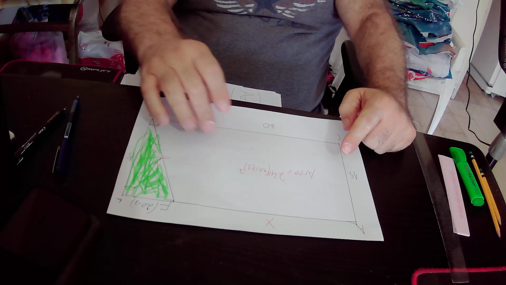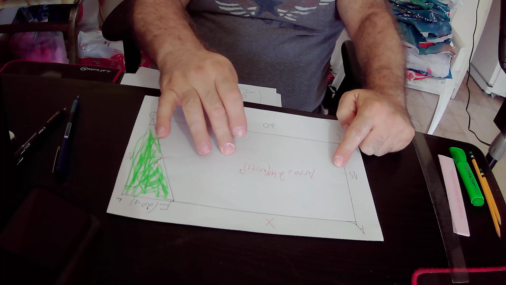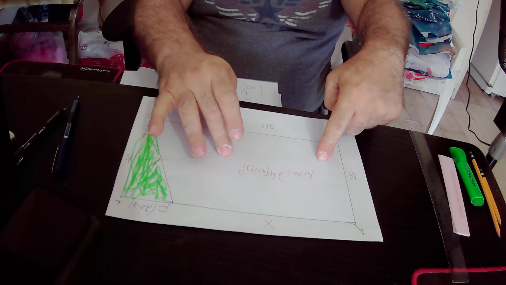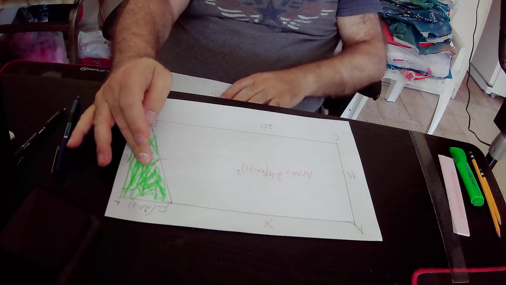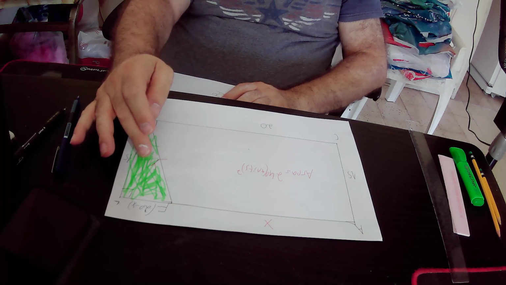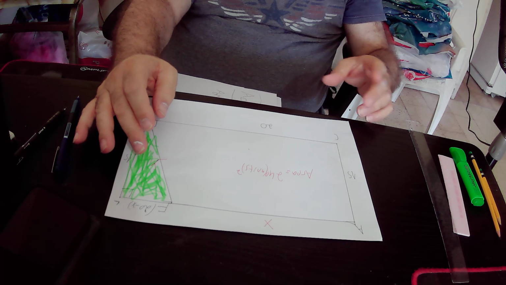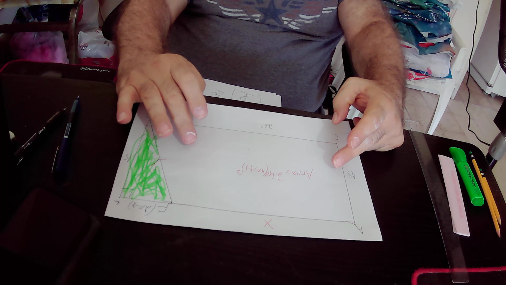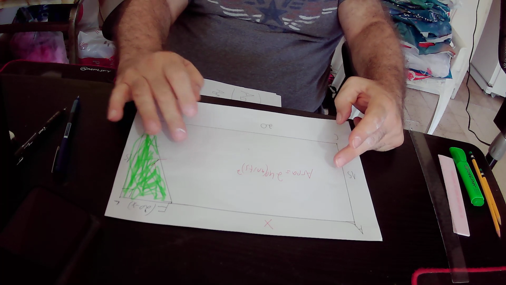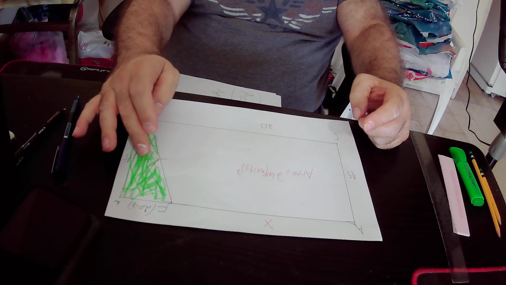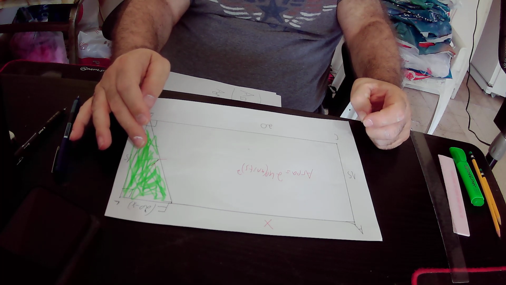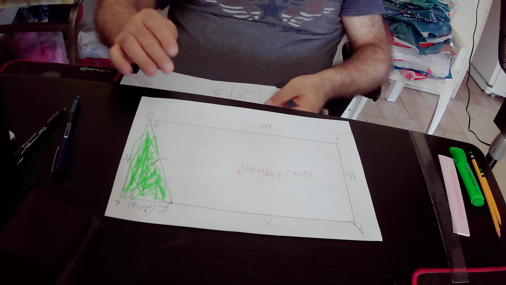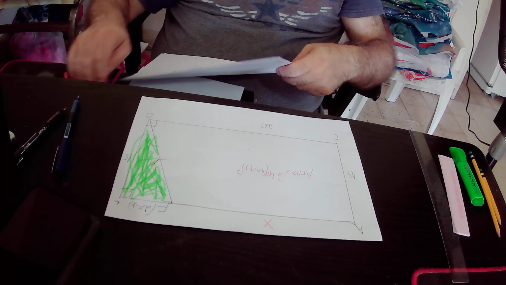And we know that the area of the white shape is 240 units. So the area of the rectangle minus the area of the white shape equals the area of the green right triangle. So 300 units, the area of the rectangle, minus 240 units, the area of the white shape, equals 60 units. So we know that the area of the green right triangle is 60 units.